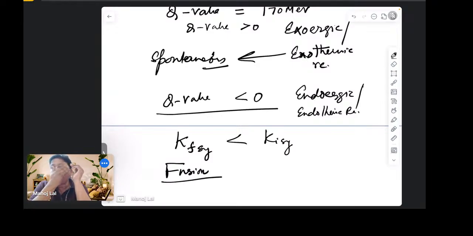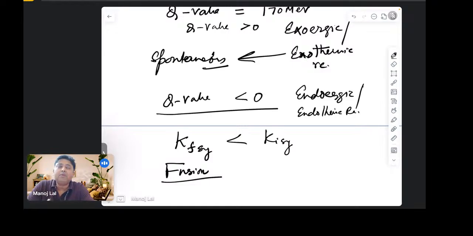You know that in the Sun, deuterium and tritium, these two particles fuse together. Why? Because it requires a lot of initial energy, and they cannot fuse otherwise. This is an example of an endoergic reaction.